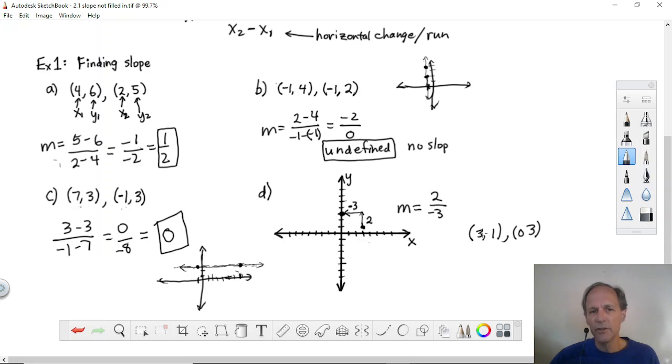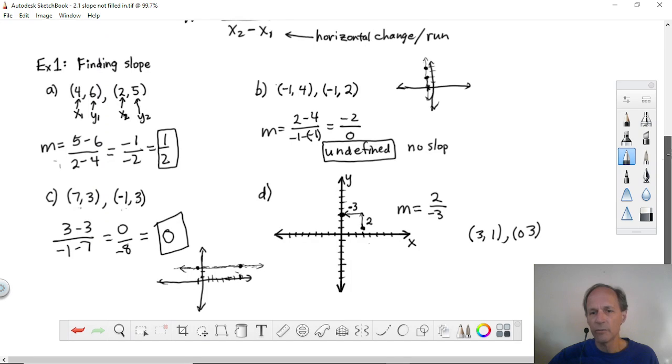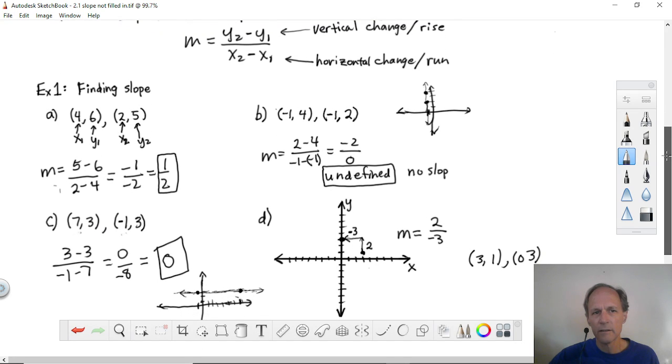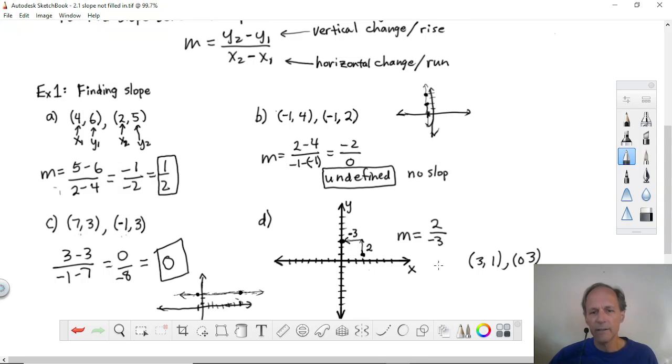And so we could use that and use our formula. I'll bring it back and see if we get the same thing, which we will. Either of these points can be used as x sub 1, y sub 1, and the other one is x sub 2, y sub 2. It doesn't matter which one you use.